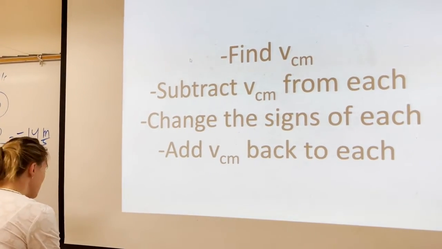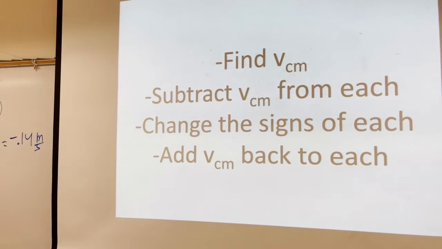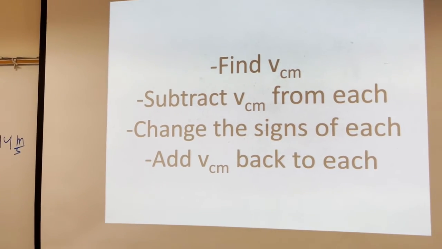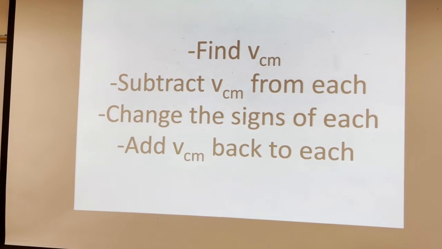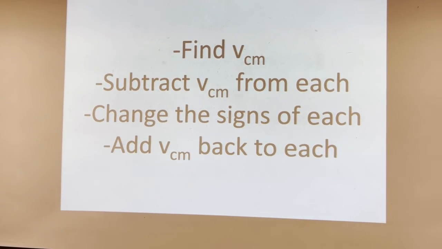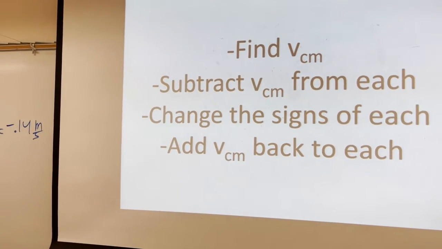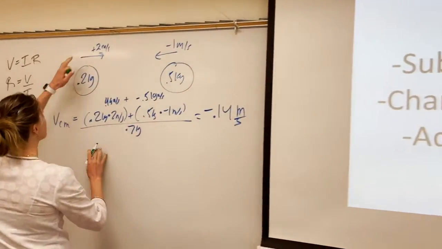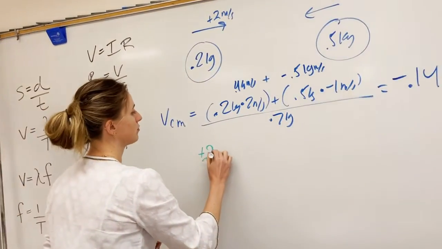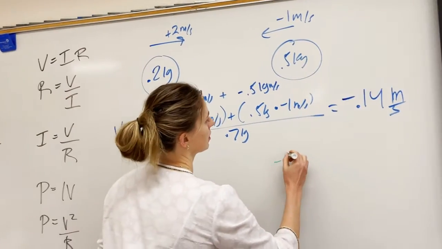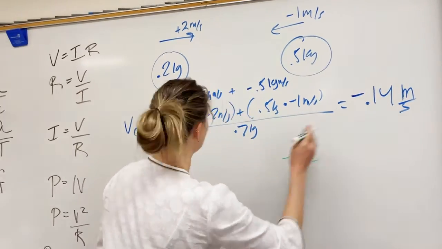Okay, so the first step is to find the velocity of the center of mass, which we've already done: the total momentum over the total mass. What is next? It says subtract the velocity of the center of mass from each of the velocities. So I'm going to say positive 2 meters per second right here, and this is negative 1 meters per second, minus 0.14.